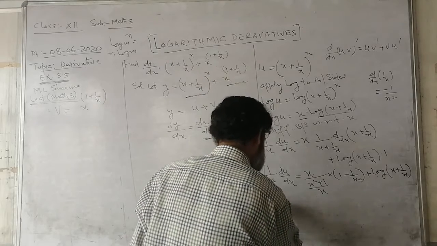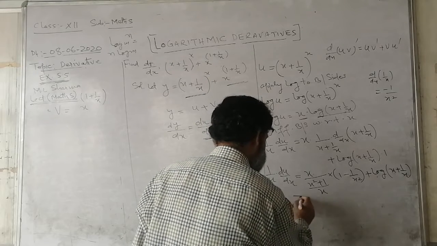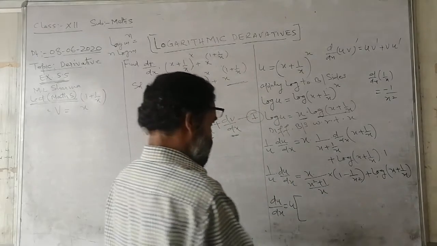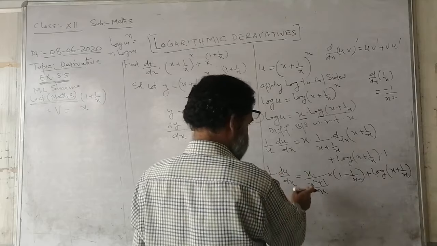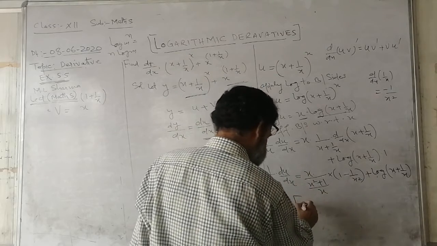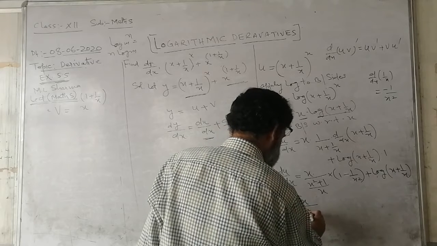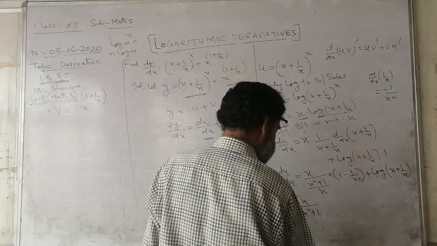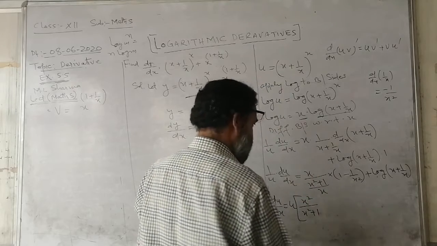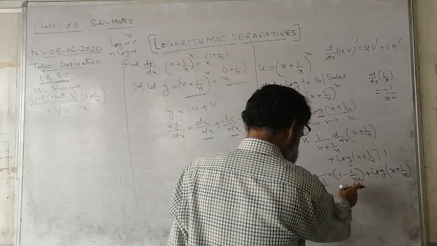So I can write du upon dx equals u times, I multiply u. So here I will have x upon x square plus 1, and x will multiply. So I will have x square here into this term.